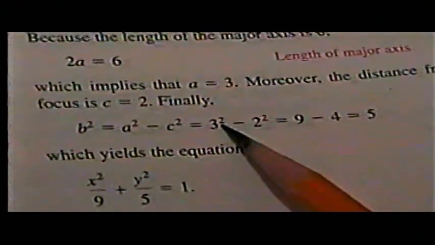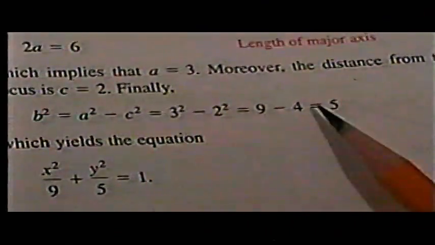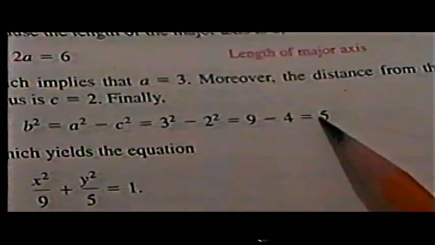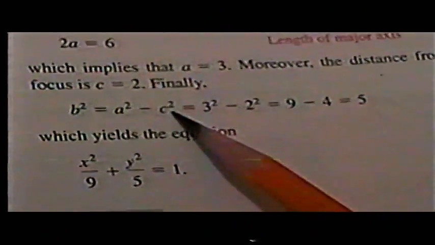So we substitute into this formula: for a we substitute 3, so we have 3 squared minus c, which is 2, 2 squared. 3 squared is 9, 2 squared is 4, and 9 minus 4 is equal to 5. That means that b squared is equal to 5. Really we need to find the value for b to be exactly in standard form.